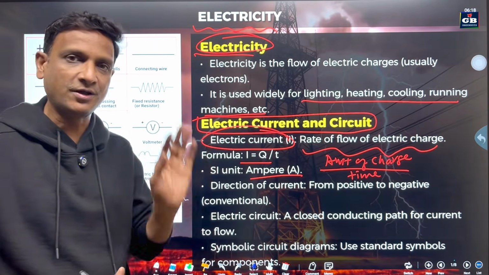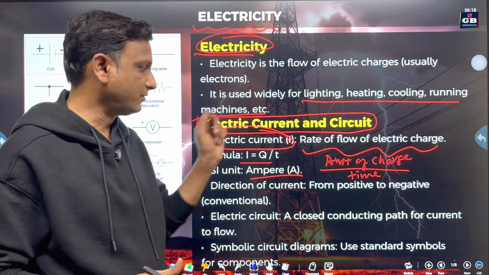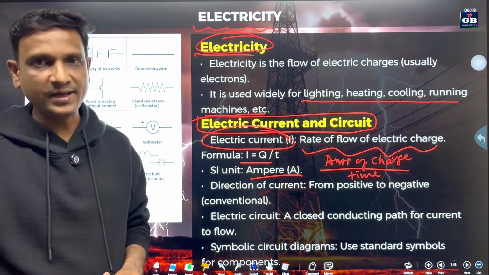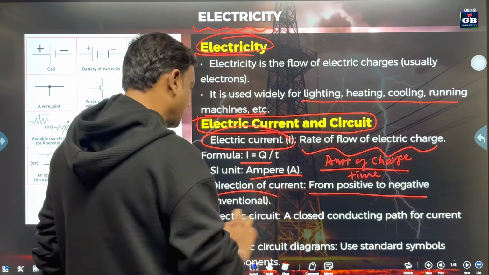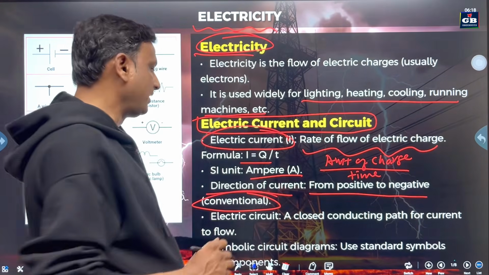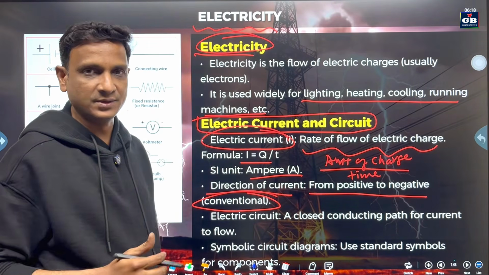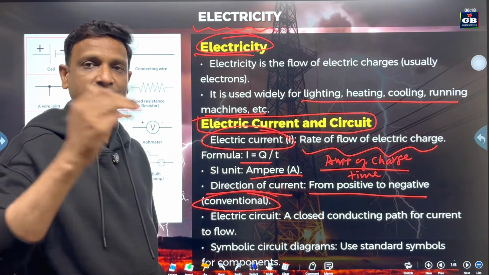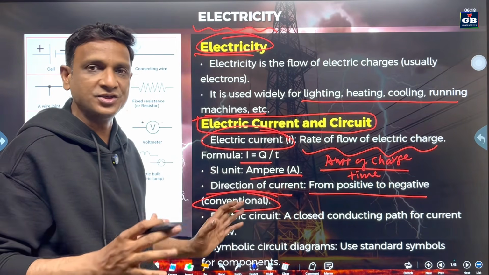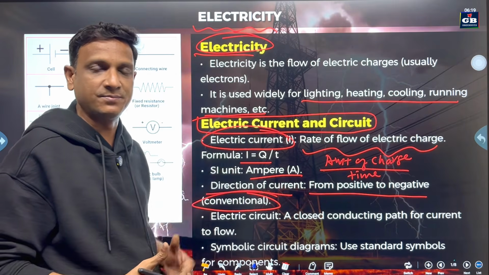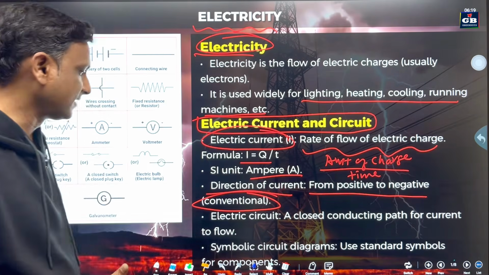That is the conventional or traditional way of showing the direction of current. In fact, electrons flow from the negative terminal to the positive. That's a different thing. But conventionally, as we have come to understand this concept from the beginning, it is positive to negative terminal.